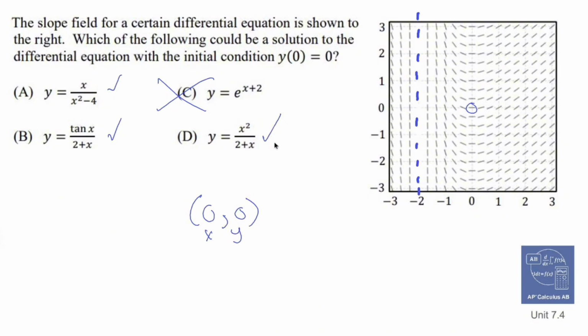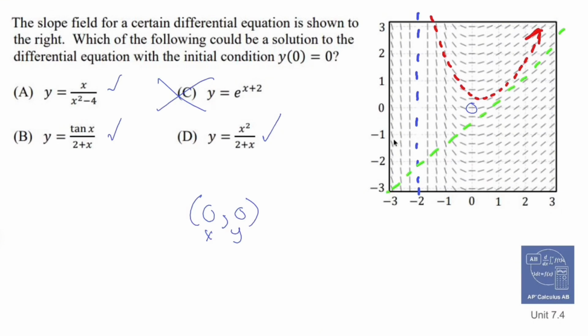It also appears that if I were to pick a point and notice the behavior, this guy slopes down and shoots back up like that, which indicates some type of horizontal or slant rather asymptote.